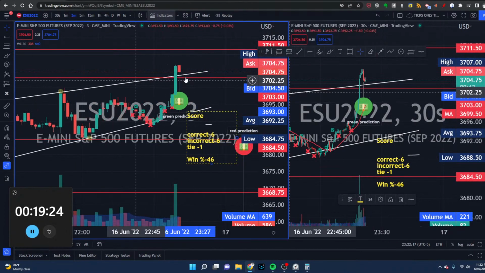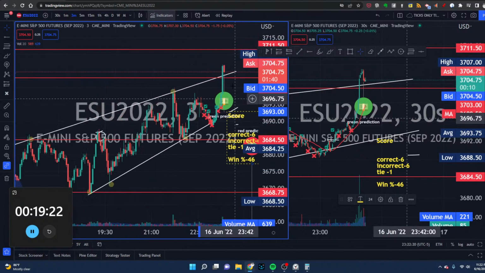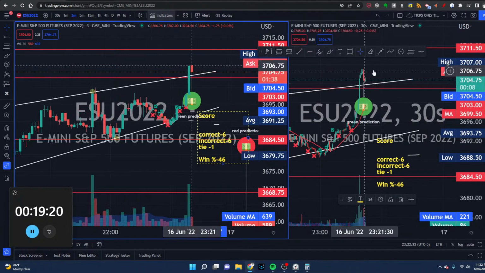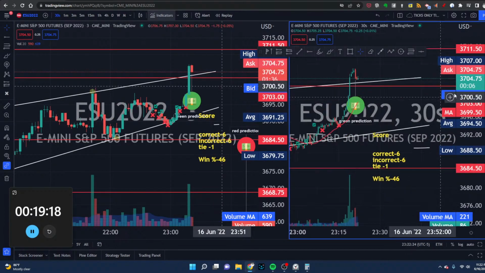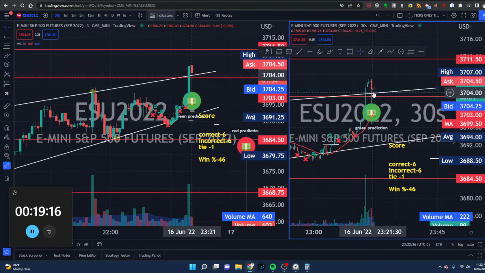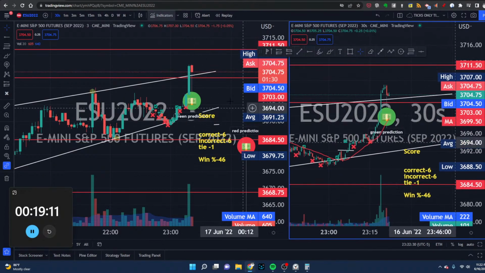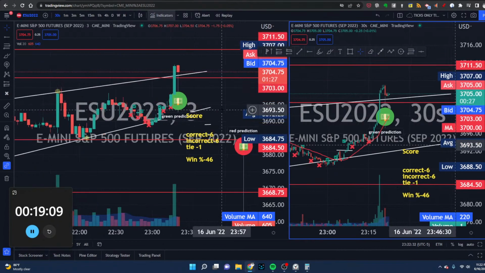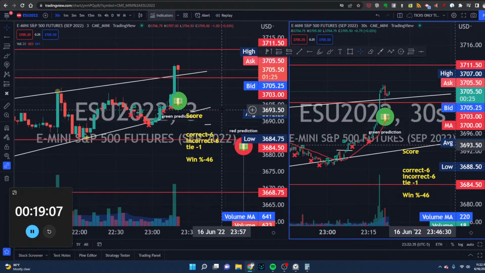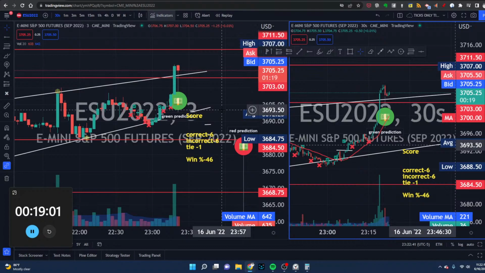So we're at the top of this channel right here. Looks like it's retesting. You look over here on the 30-second, that's exactly what we're seeing here. It's retesting this zone here. Got some bears coming in.